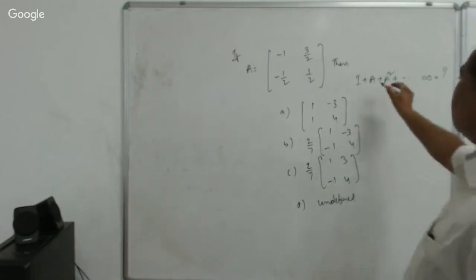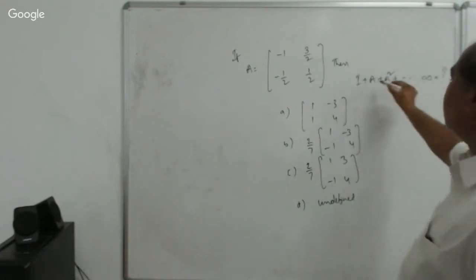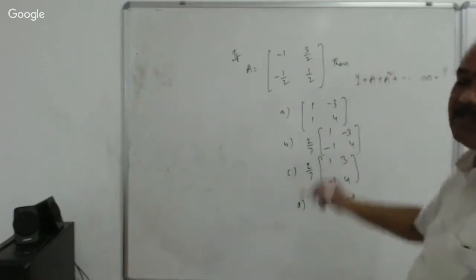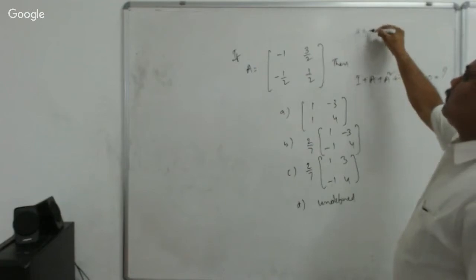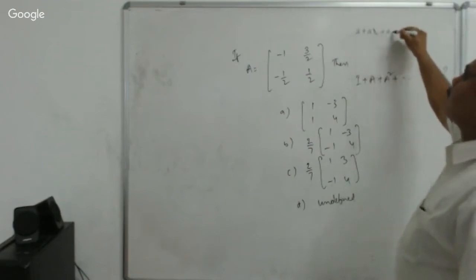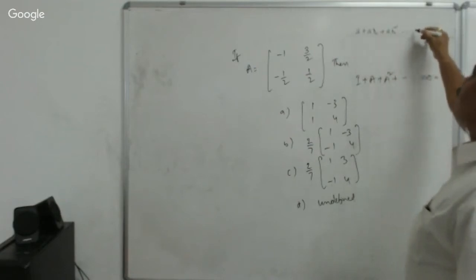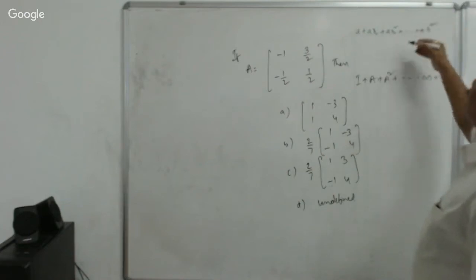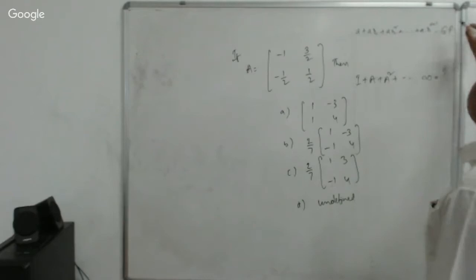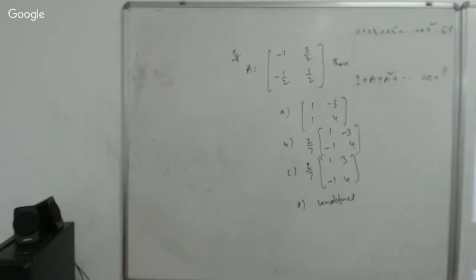Now it is infinity terms of GP. A plus AR plus AR square and so on up to A into R power n minus 1 is called a GP series.